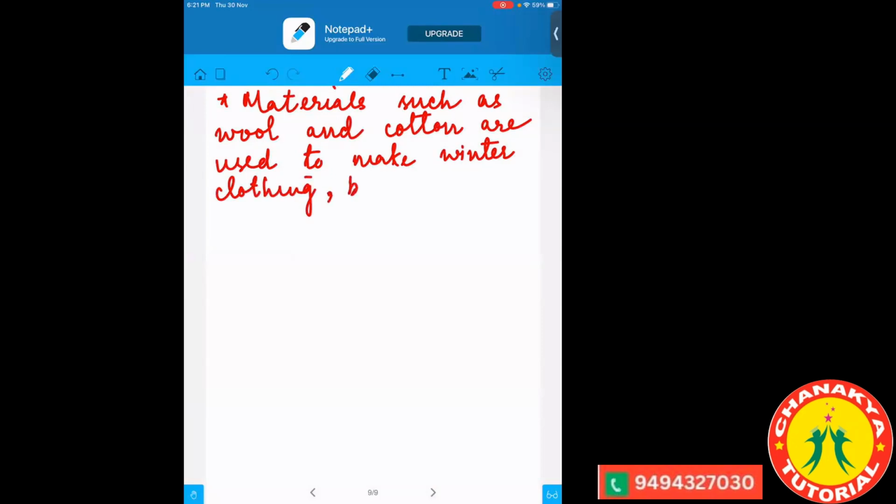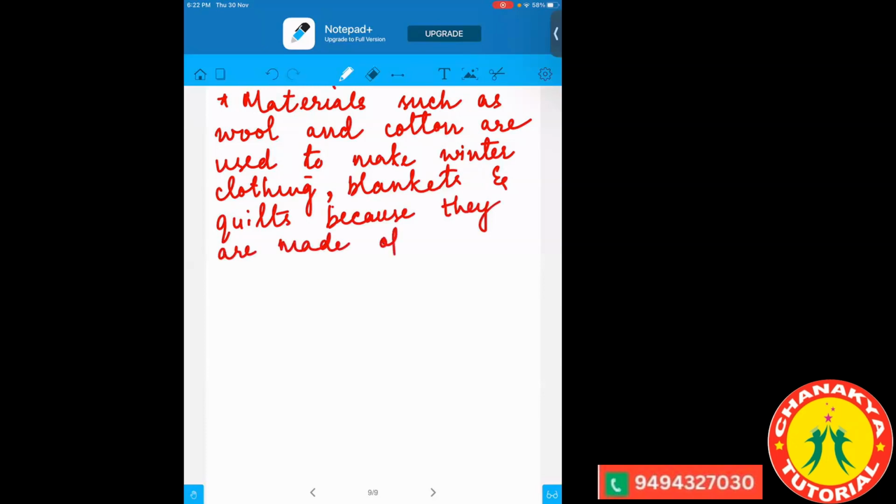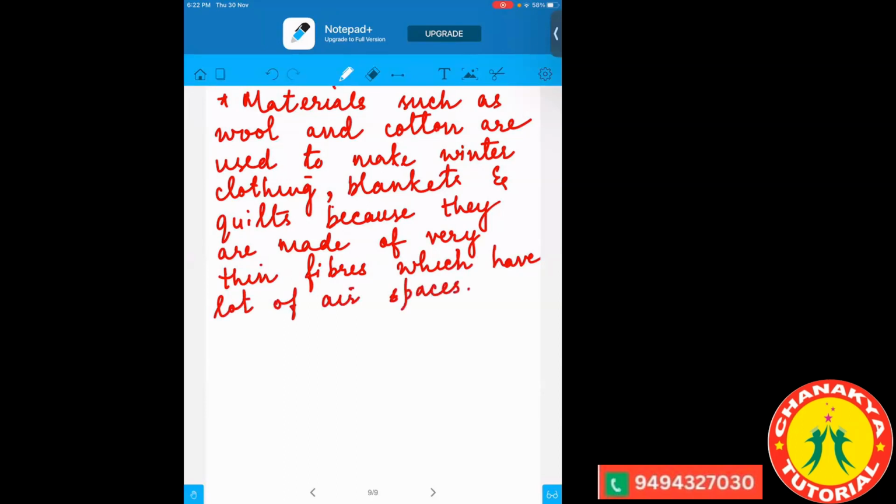Or for making blankets or quilts, they use these materials. Why? Because they are made of very thin fibers which have a lot of air spaces.